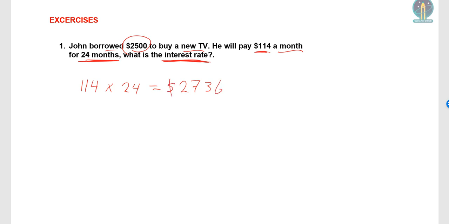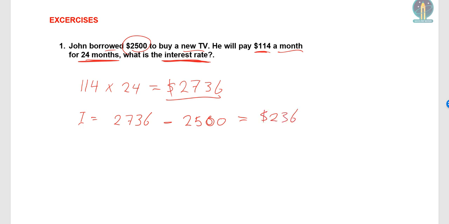That's the total amount. The interest amount, I, will be equal to 2,736, which is the total paid, minus the initial value of the loan, which is 2,500. That equals $236.